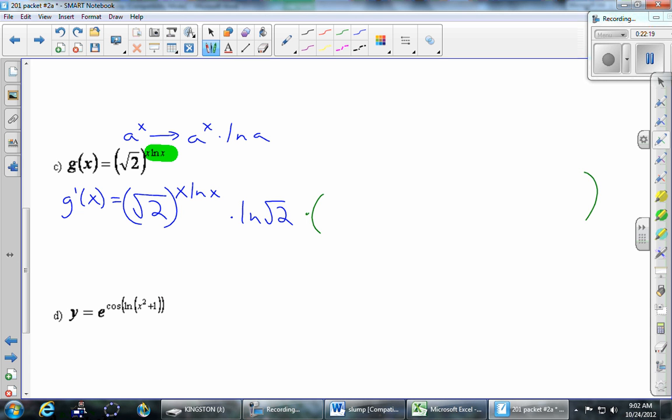First times derivative of the second. First is x times, what's the derivative of ln x? It's in the chart. It's 1 over x. Product rule says then plus second, copy ln of x, times derivative of the first, 1.